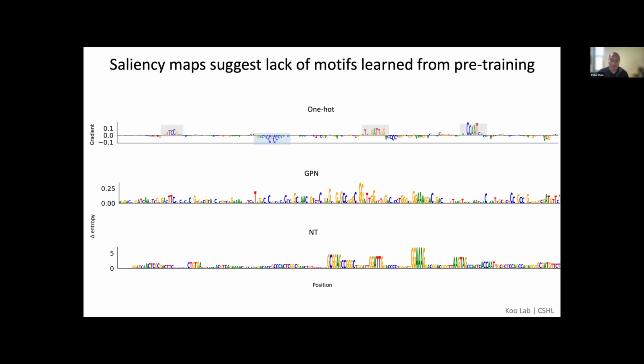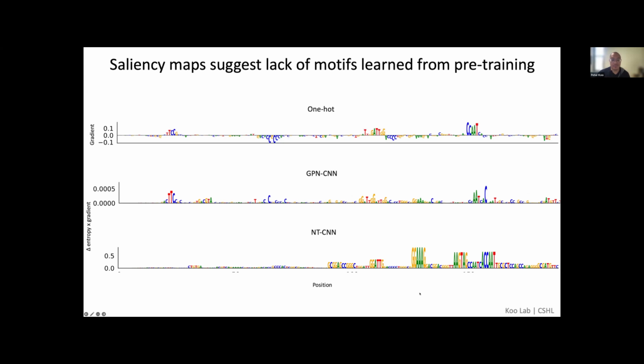Nevertheless, unlike the one-hot CNNs, the attribution maps from these language models did not show clear signs of identifying meaningful sequence patterns like motifs. This suggests that gLMs may not be learning well-defined motifs during their pre-training. Now, to further explore this, we repeated this analysis, this time using the downstream CNN that was trained using the gLM representations.